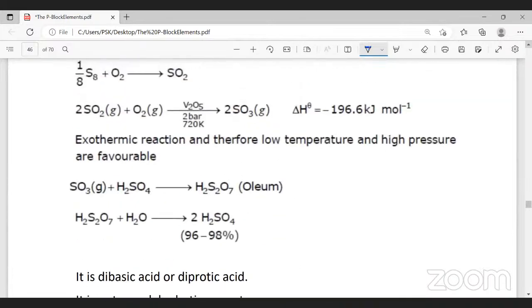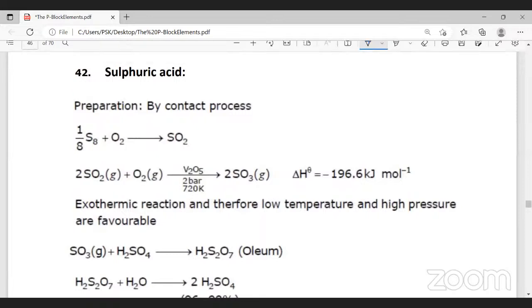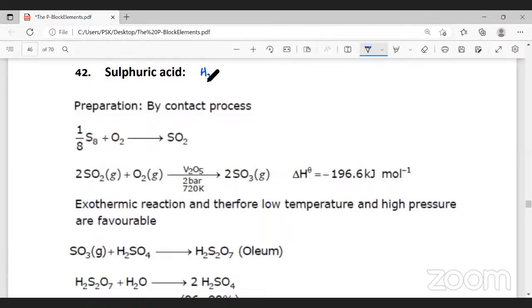That is, the next compound is sulfuric acid. The next compound is sulfuric acid. The sulfuric acid, the molecular formula, please pay attention. We have learned the preparation of ammonia by Haber's process. We have learned preparation of nitric acid by Ostwald's process. We have to learn the preparation of sulfuric acid by contact process.